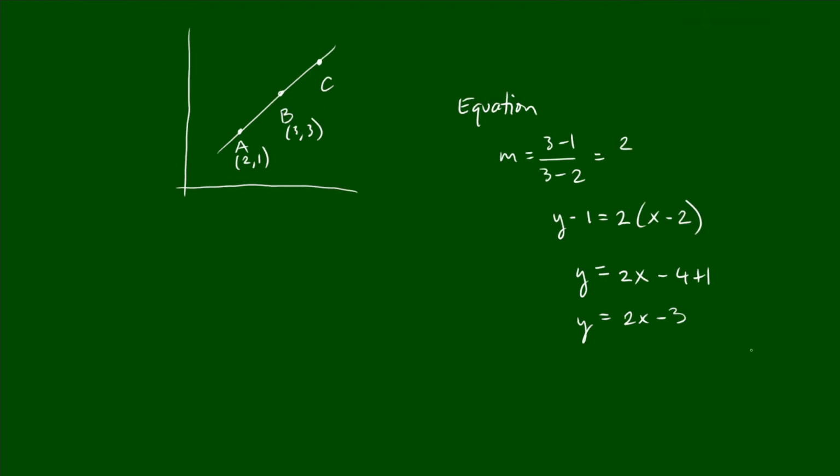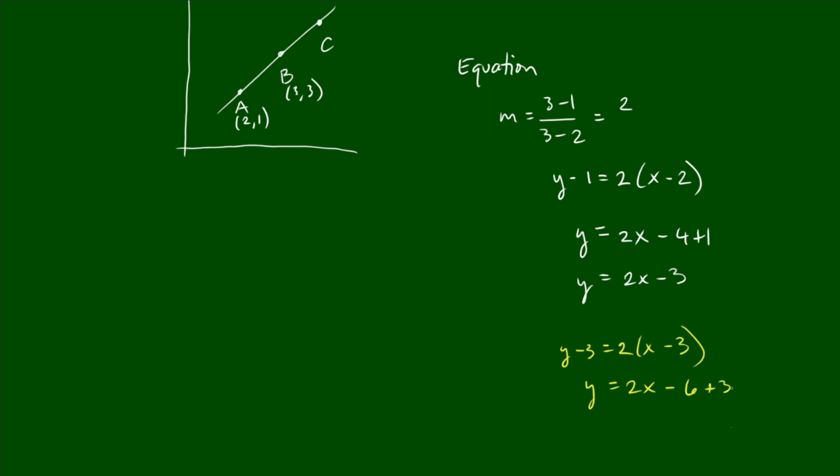Now you could use the other point. Let's use another color. You could do y minus 3 equals 2 times x minus 3. In this case, you have y equals 2x minus 6 plus 3, and you end up with y equals 2x minus 3, which is exactly the same as what you got previously.